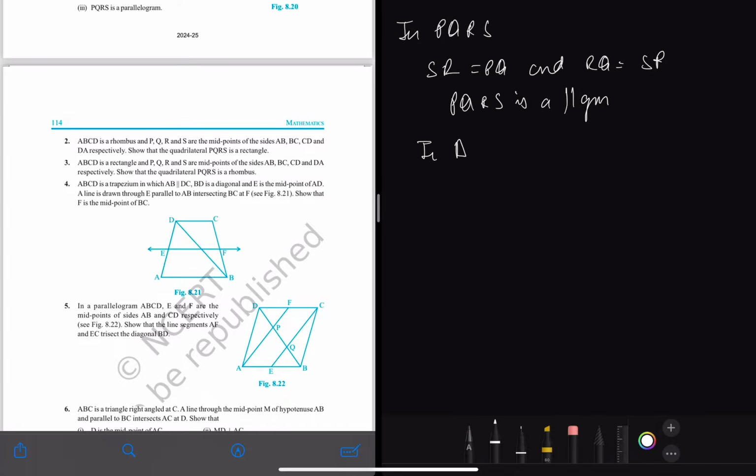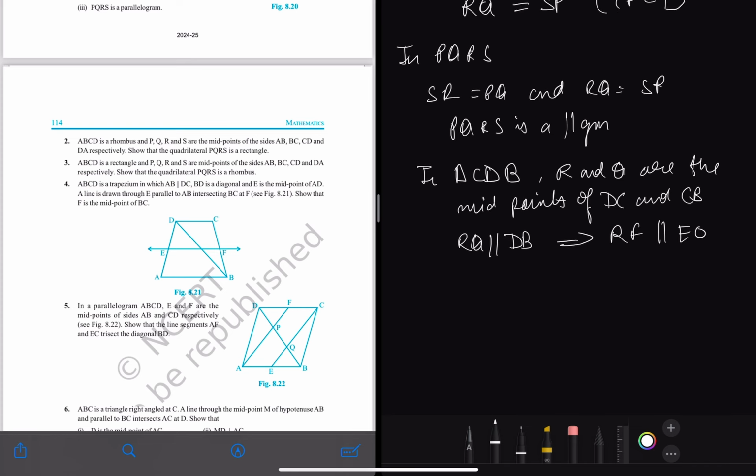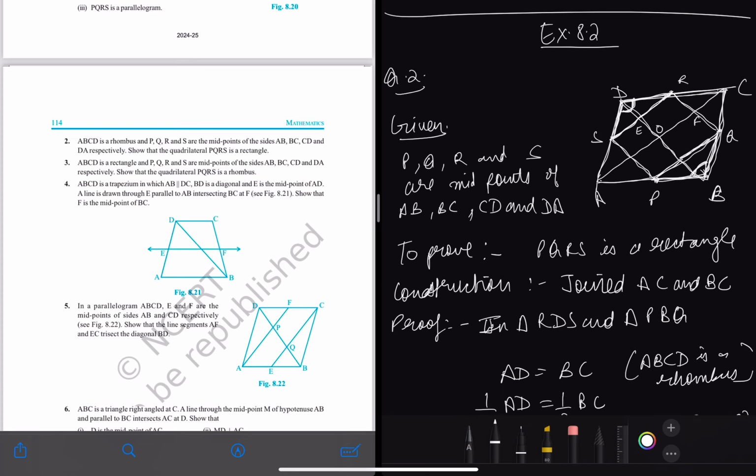So in triangle CDB, R and Q are the midpoints of DC and CB. So RQ is parallel to DB. This implies that RF is parallel to EO, because of the midpoint theorem.